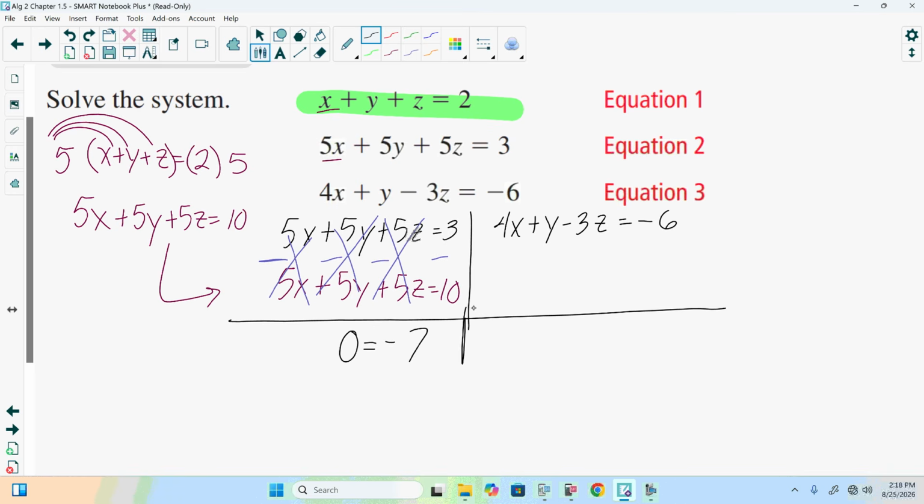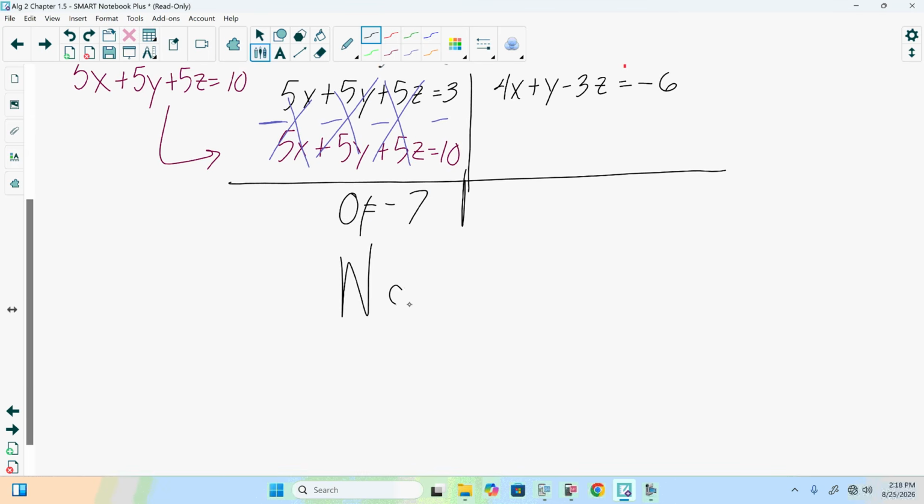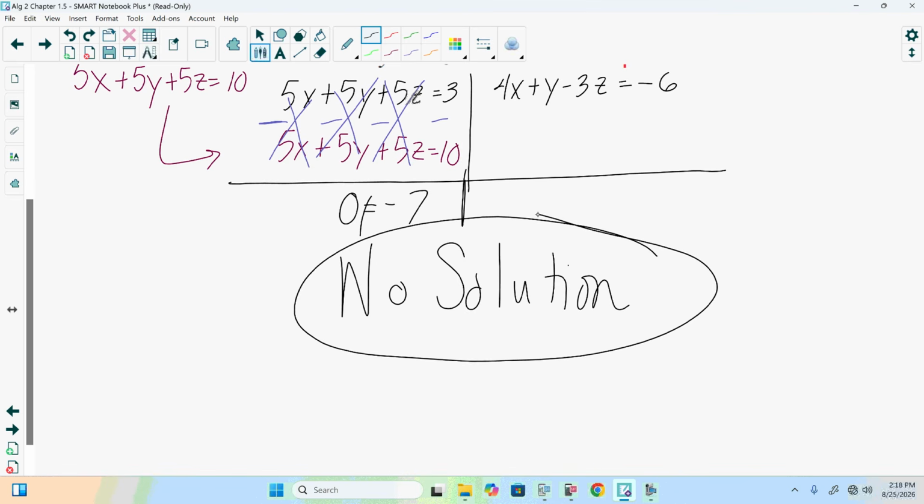Wait a minute. Is that a true statement? That's it. So as soon as we notice that it's off, it works. I would still make sure, even if it does look like it's going to completely eliminate out, because we have matching values, add or subtract and make sure.